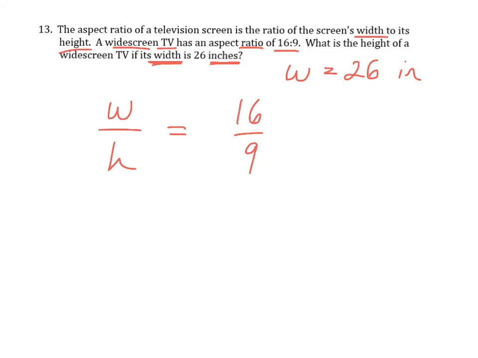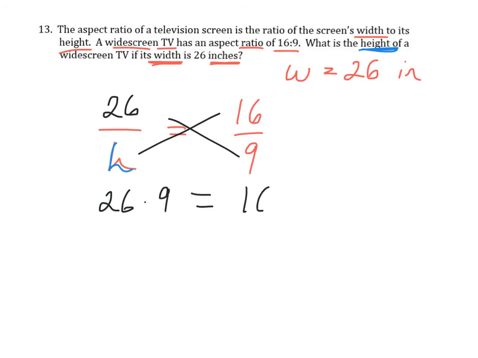Just like what I did for the last problem, in my ratio, I'm going to replace that width with 26. Okay, and what they're asking for is the height, so this is what I'm solving for, h. Let's go through, cross multiply, and solve for h. I end up with 26 times 9.